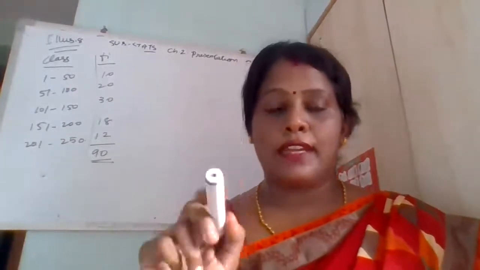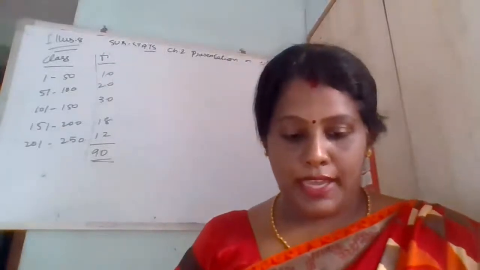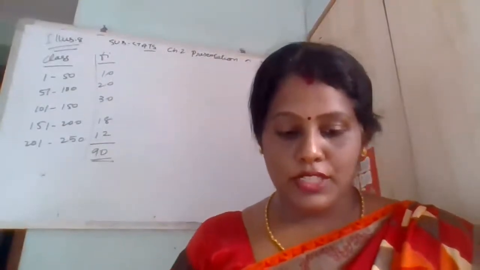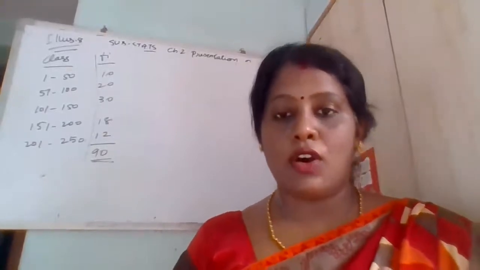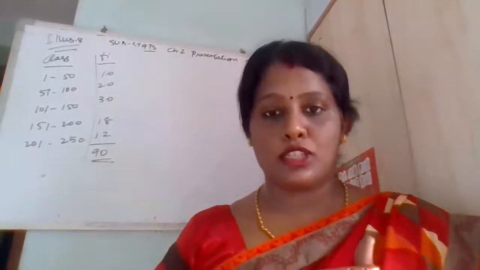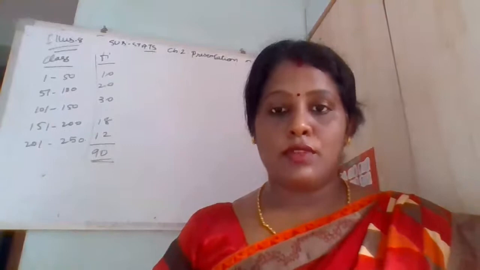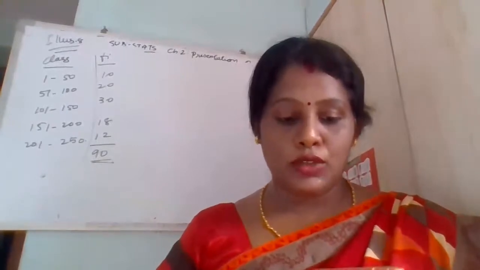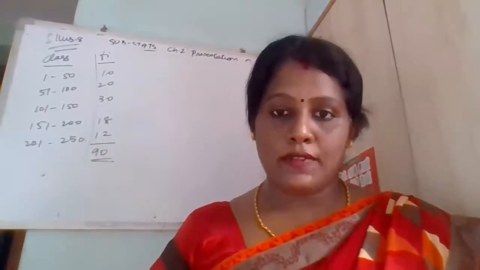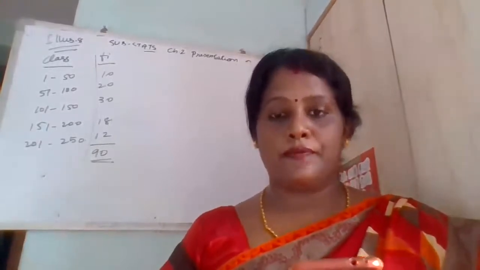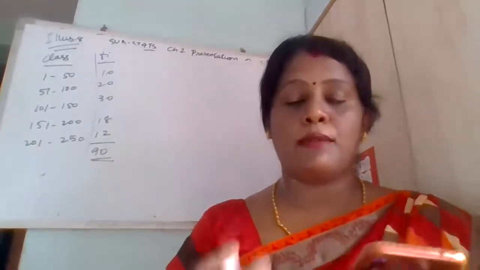So write down a note: to find a continuous frequency distribution, or to find less than or more than type cumulative frequency distribution, we always have to convert inclusive continuous frequency or inclusive class into exclusive class, right? This is the most important thing.